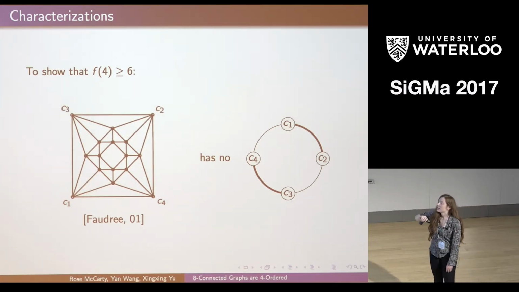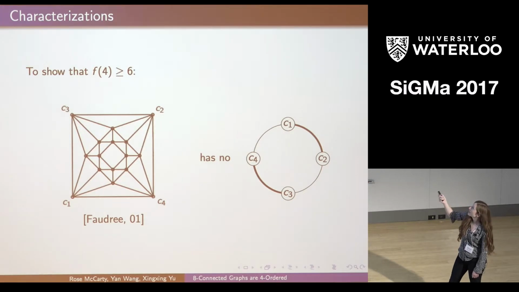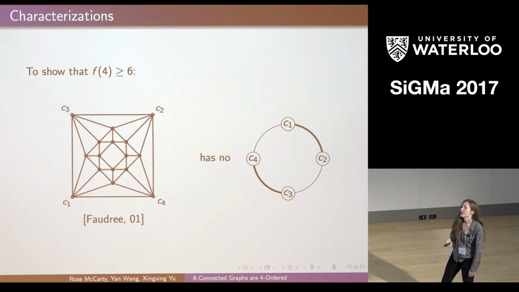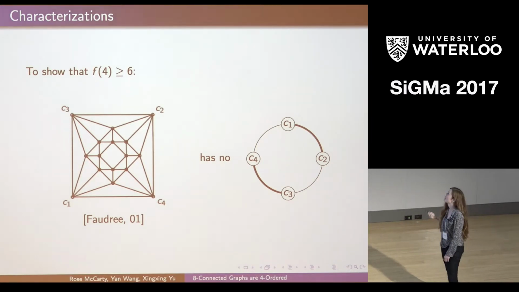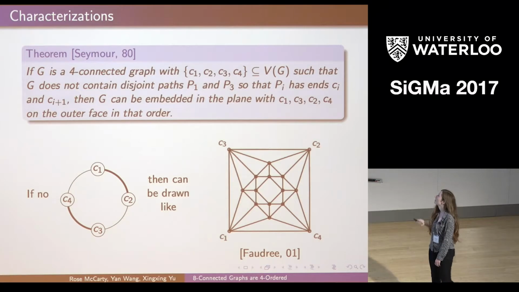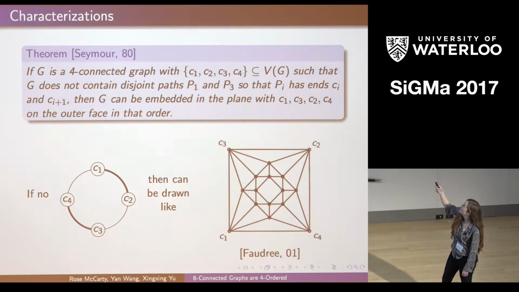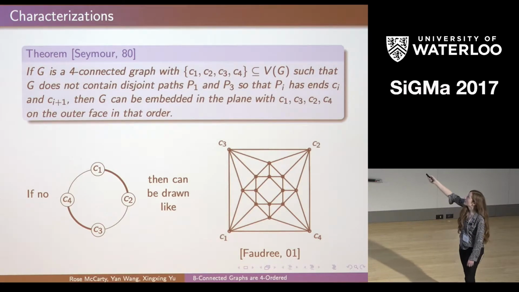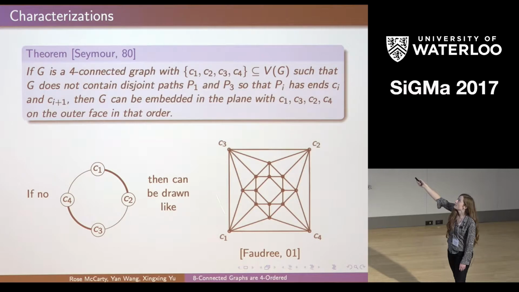It's a 5-connected planar graph, and in fact it doesn't even have these 2 bold paths listed. It turns out that the converse is true by Paul Seymour. If G is a 4-connected graph with 4 distinct vertices in the graph that doesn't contain exactly these paths, then you can draw the graph on the plane with the 4 vertices in this order on the boundary.